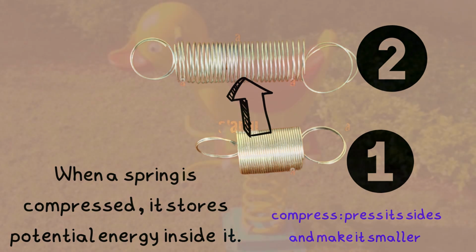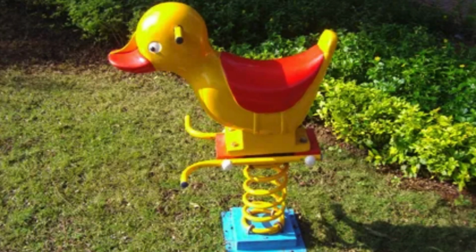And this spring is found in many toys like what you see here. This toy is found in the garden. When the kid sits on this toy, what happens? Yes, he compresses the spring and makes it go smaller. The spring will be shorter, okay? In this case, the spring stores potential energy. And when it moves back to its shape, what happens?